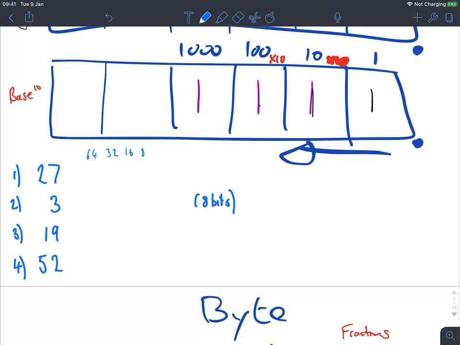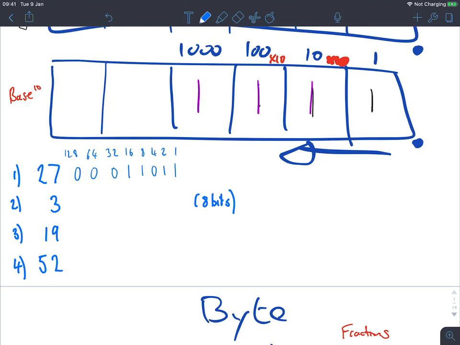And this helps in the exam so you don't make silly mistakes, which are more likely to be the case than calculation errors. So 27, let's remember what we did. So 16, that leaves us with 11. 8 goes in, that leaves us with 3. 4 doesn't, 2 does, and 1 does. And we can just pad it if we need to make 8 bits. So 1, 2, 3, 4, 5, 6, 7, 8.